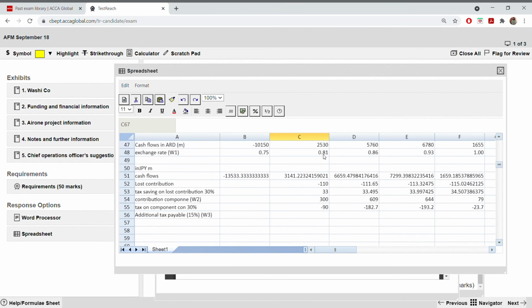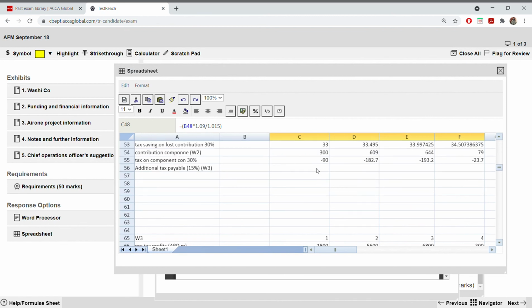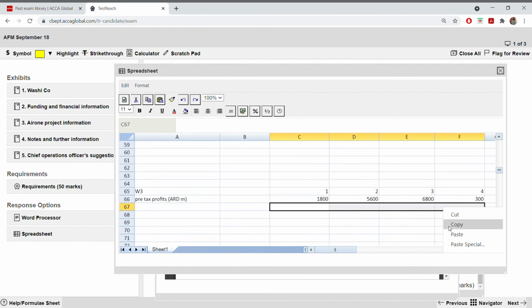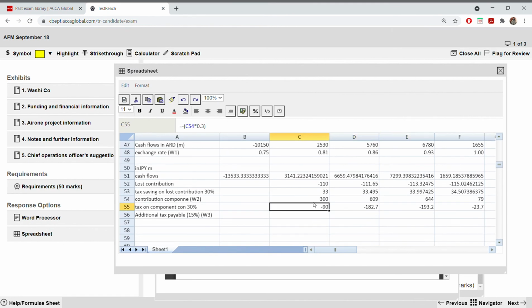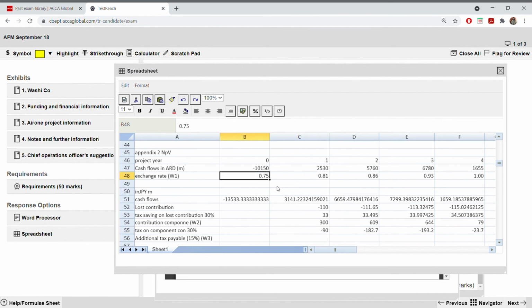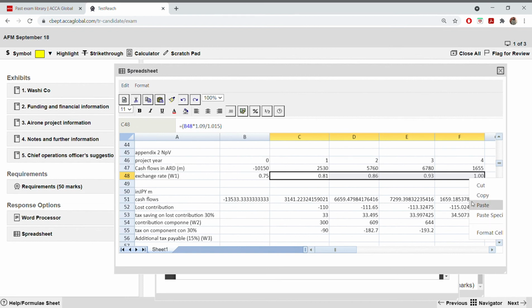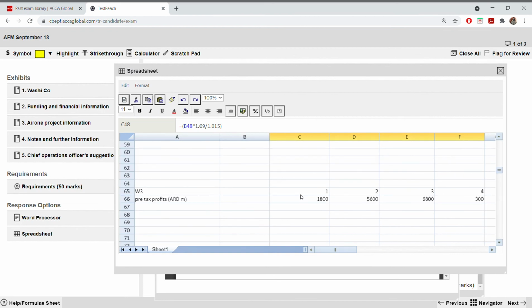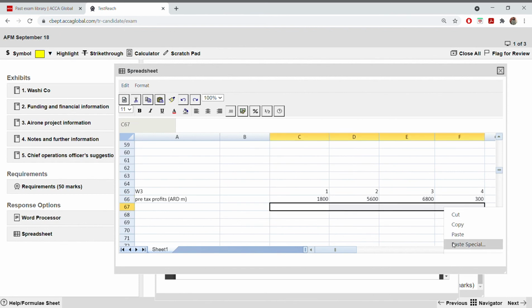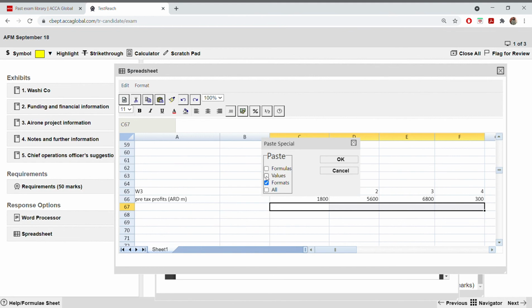Okay. Copy. Paste. What happened? Okay, so the reason why it didn't paste is, when you are taking a formula, remember you have to go for paste special and take the values.